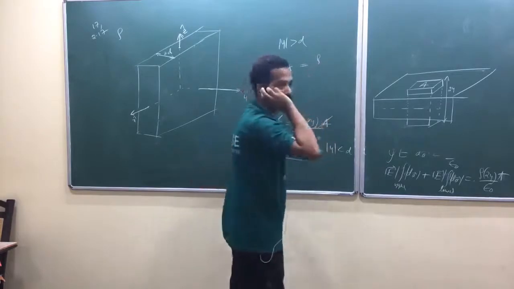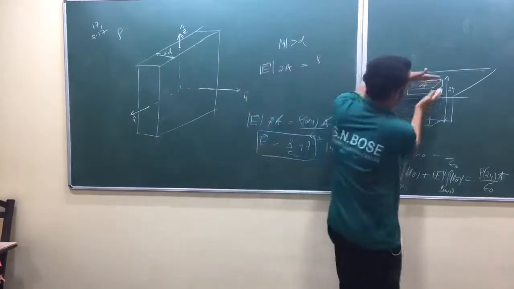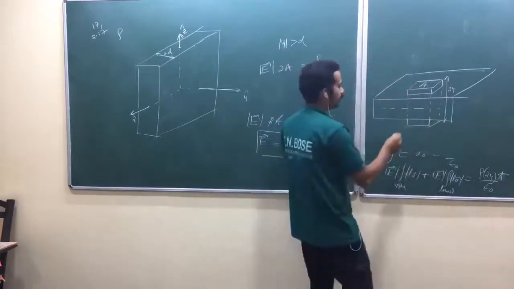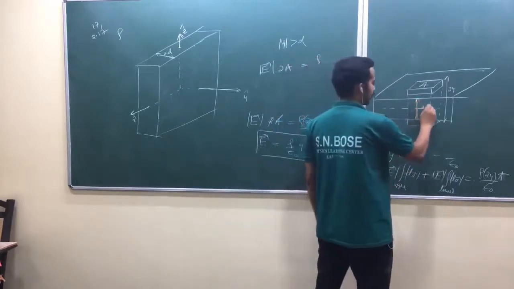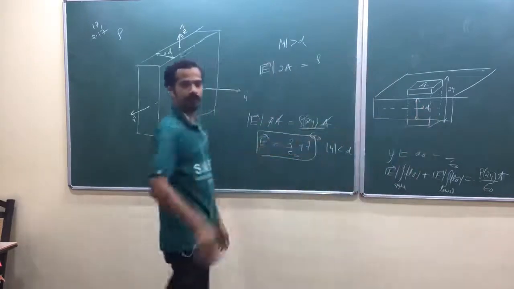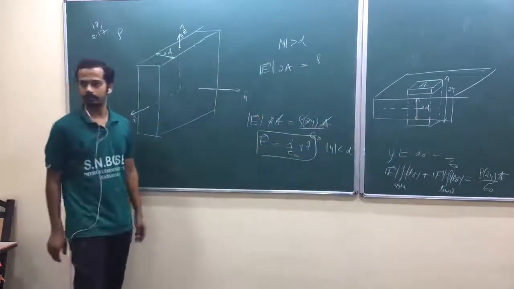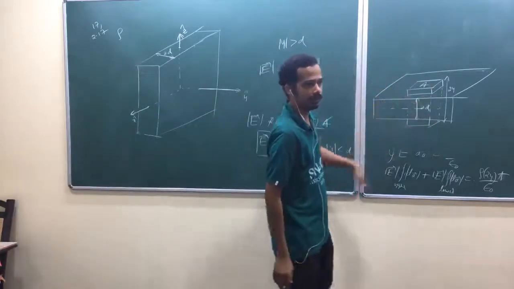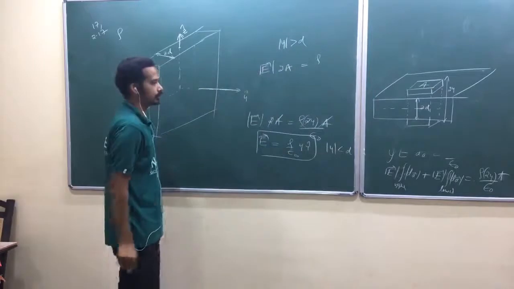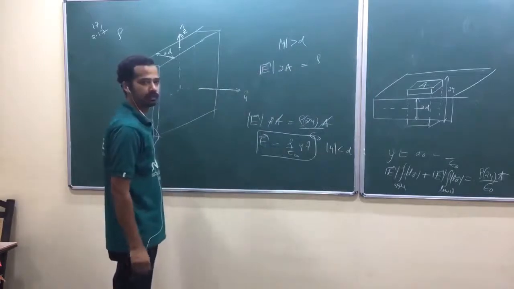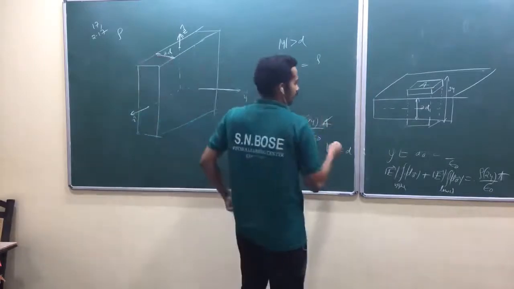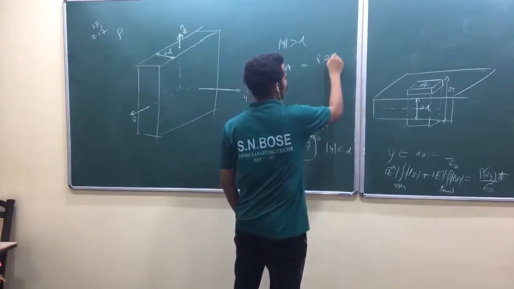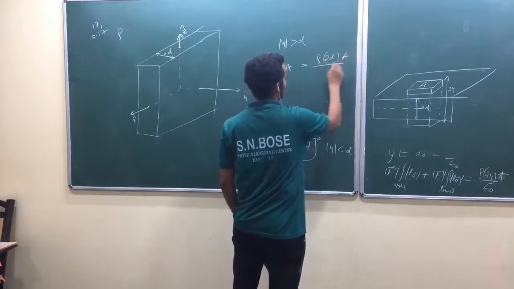So then, what is the next one? Rho into, now look at here, this part and this part will not have any charges, remember. Only this distance 2D, am I right? This 2D into A area, that volume is a part of the closed surface volume, a part of the total Gaussian surface volume. So only that is the enclosed charge. So that's why rho into 2D into A divided by epsilon naught.